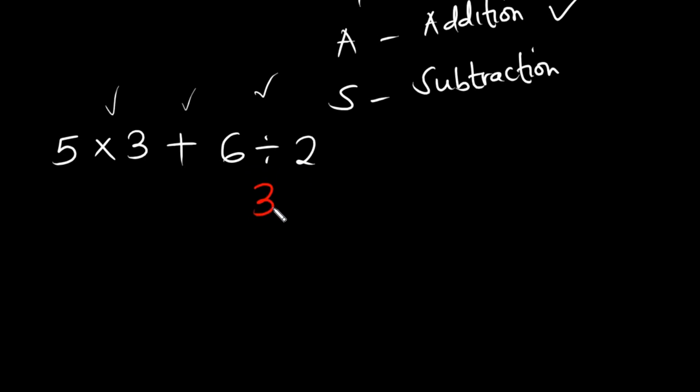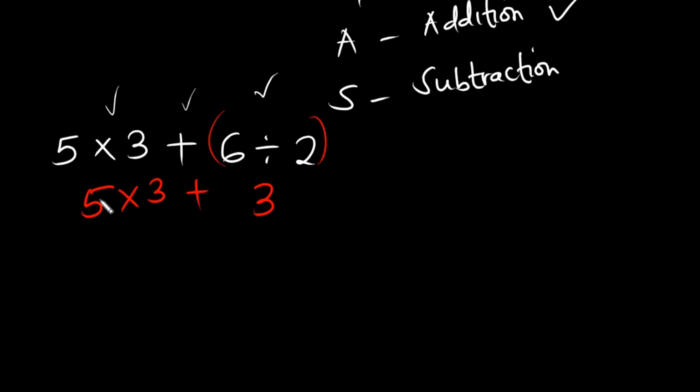Once we get the answer, we replace that operation with the newfound answer. So we don't write the 6 again, we don't write the 2 again. We now replace the whole of that operation with 3. So the new operation is going to be 5 times 3 plus 3. So we only have the times and the plus now.